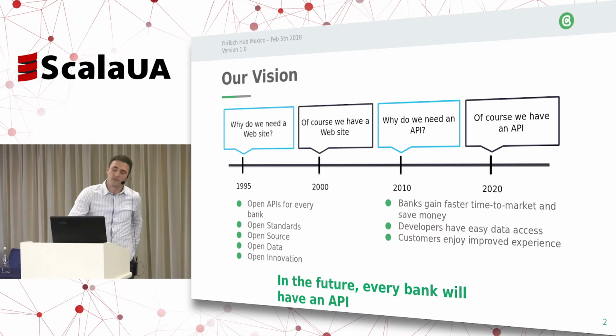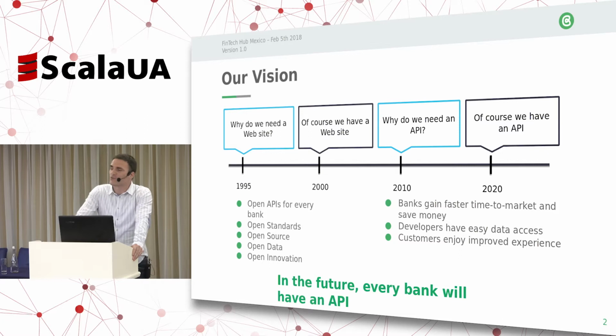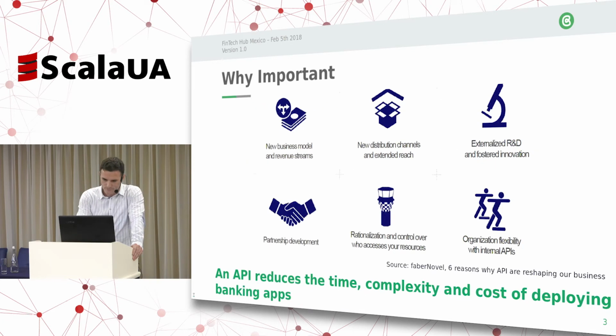The Lift framework is written in Scala. So the main idea is that banks gain faster time to market and save money. Also, developers will have easy data access and can avoid all the bank rules and limitations which they usually have.